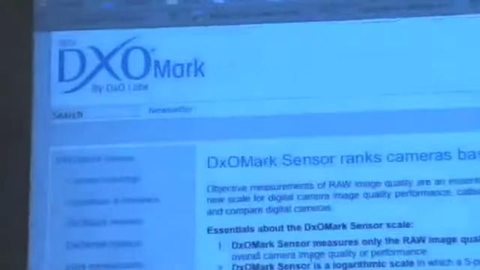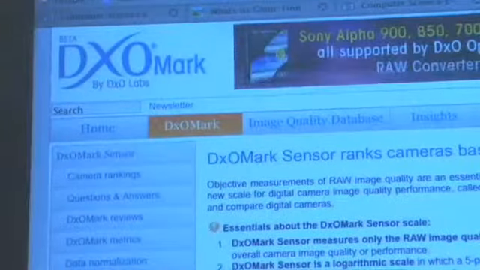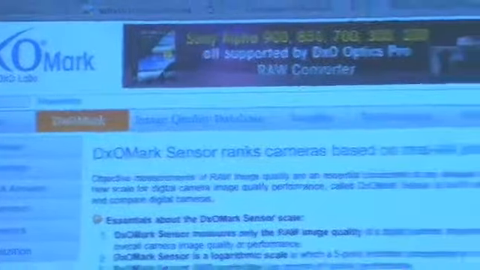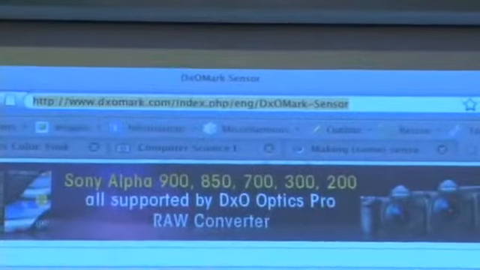Now, if you are looking for a digital camera, I don't necessarily recommend that you do this, but something that's very interesting from an academic standpoint is something called DxOMark. This is a company where they go into excruciating quantitative detail about sensors themselves, and they try to capture a lot of information about the sensors that exist within digital cameras.